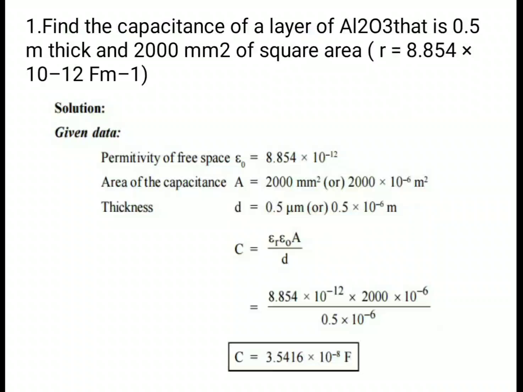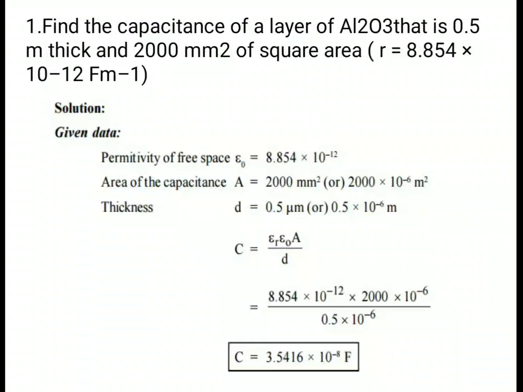Now the formula for capacitance of a parallel plate capacitor is C is equal to epsilon naught epsilon r A by D. Now substitute these values here. Finally we get the capacitance of the layer as 3.5416 into 10 power minus 8 farads.